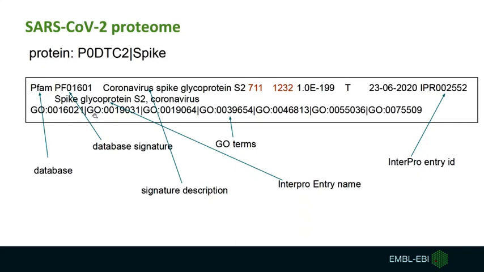We also provide other information. So, for example, we can provide the pathways that are associated with these domains. In this case, this particular match doesn't have any pathways, but I'll show that later on.